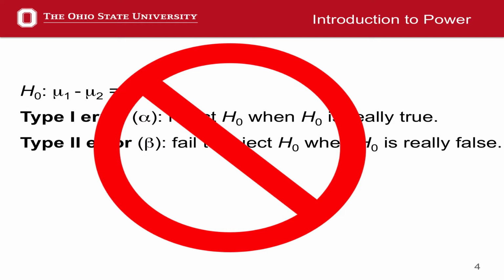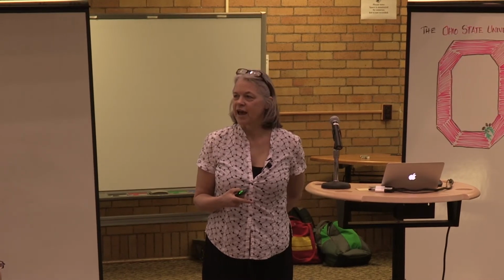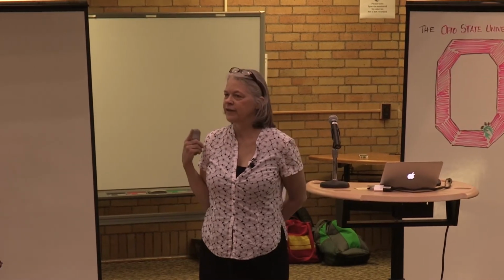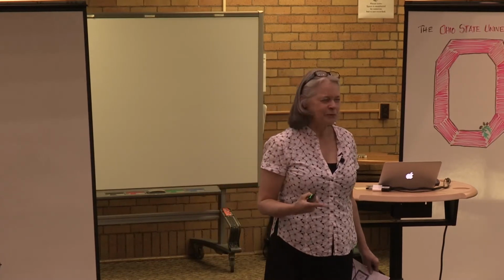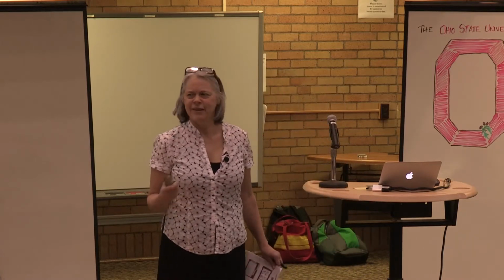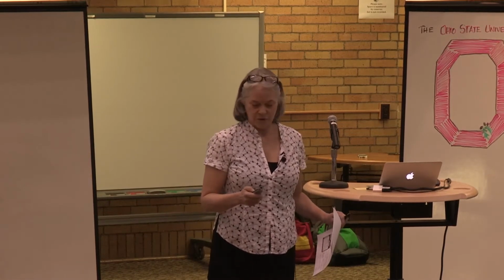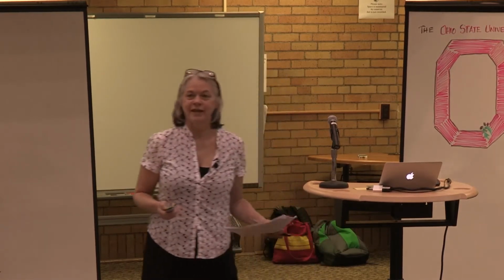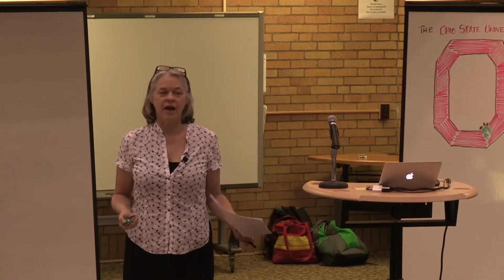I remember reading this for the first time when I took intro stats, and I had to read it about 10 times before I understood what it was saying. Even then I would go back and wonder, which is which type of error? So I'm going to avoid using language like this in favor of more plain language and visuals.